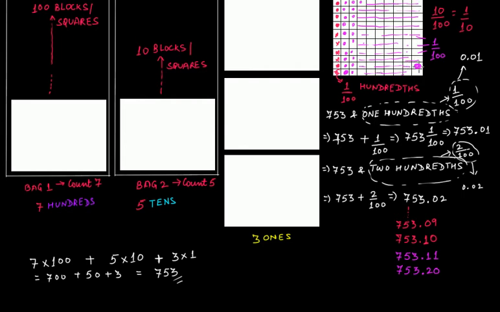Now you have reached this point. Now you are actually having 753 point, how many tenths? 1, 2, 3, 4, 5, 6, 7, 8 and 9 tenths. And how many hundredths? 9 hundredths: first, second, third, fourth, fifth, sixth, seventh, eighth, ninth.